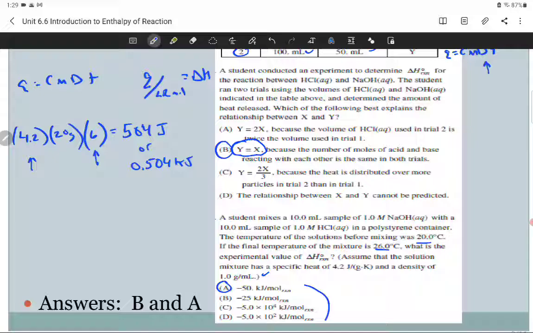Okay. And then the moles of limiting reactant, we have 1 mole divided by 1,000 milliliters times the limiting reactant volume, 10 milliliters. Okay, so we got that.